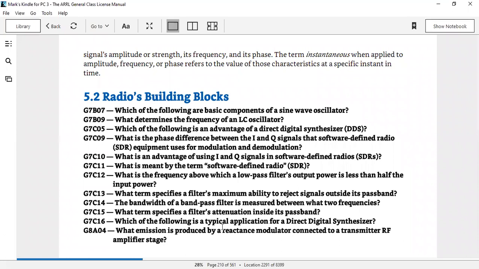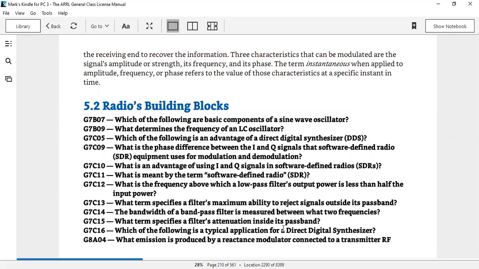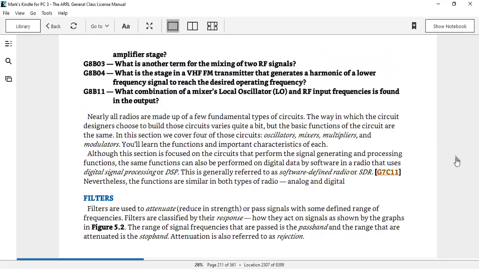Which of the following is typical of a direct digital synthesizer? Well, we'll have to see. And what emission is produced by the reactance modulator connected to a transmitter RF amplifier stage? Any questions on that, Mark? Nope, not yet. Okay, let's see what we get next. What is another term for mixing two RF signals? Well, we're going to have to hit all this.